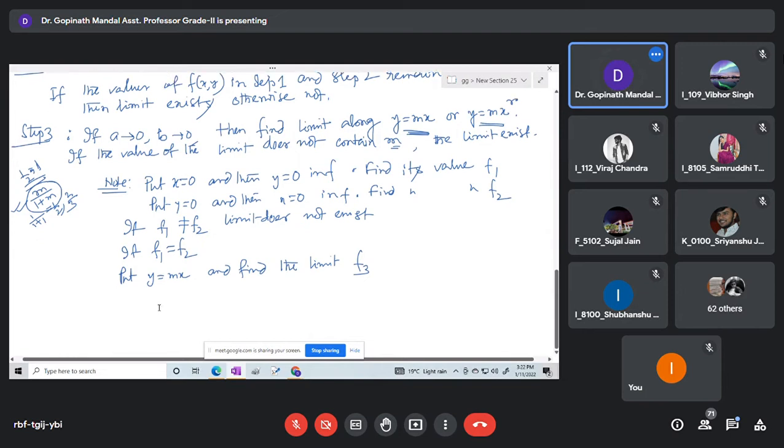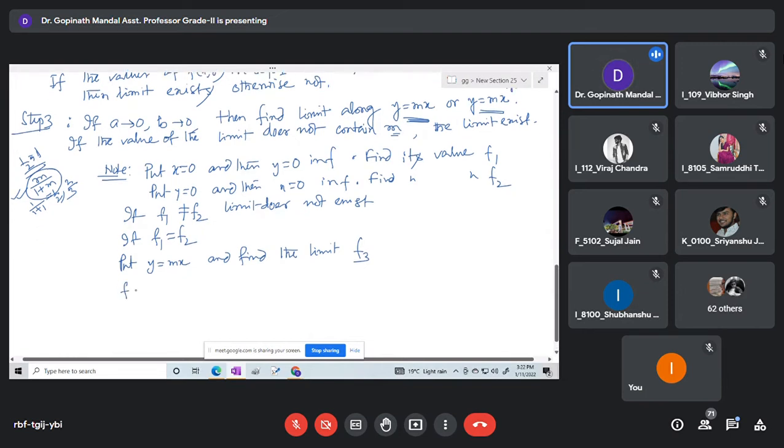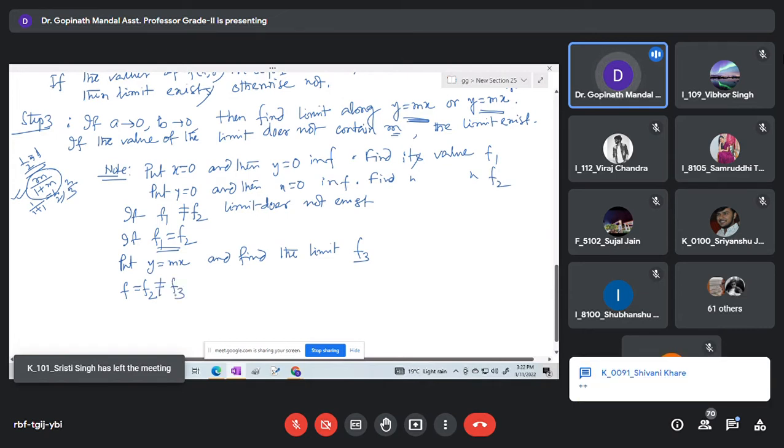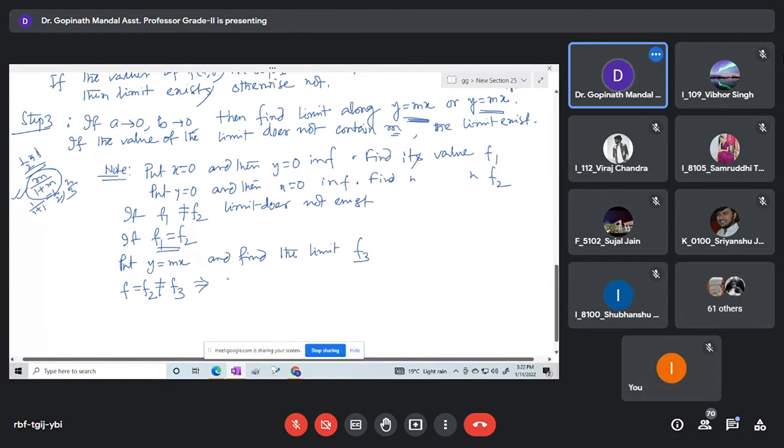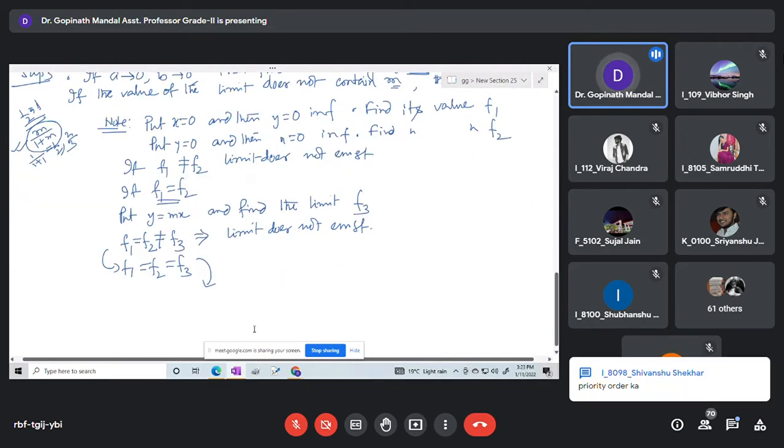If f1 equal to f2 but not equal to f3, this implies the limit does not exist.